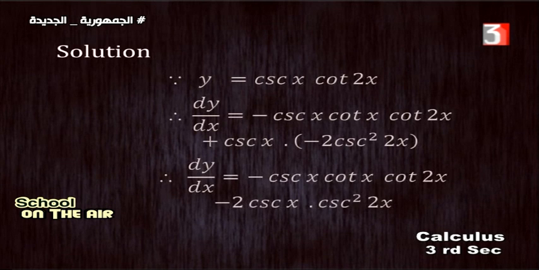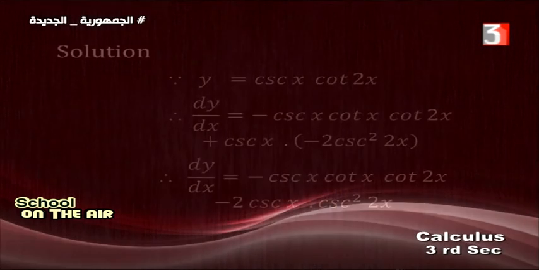Then dy/dx equals negative cosec x cotan x multiply cotan 2x minus 2 cosec x multiply cosec to the power 2 2x.